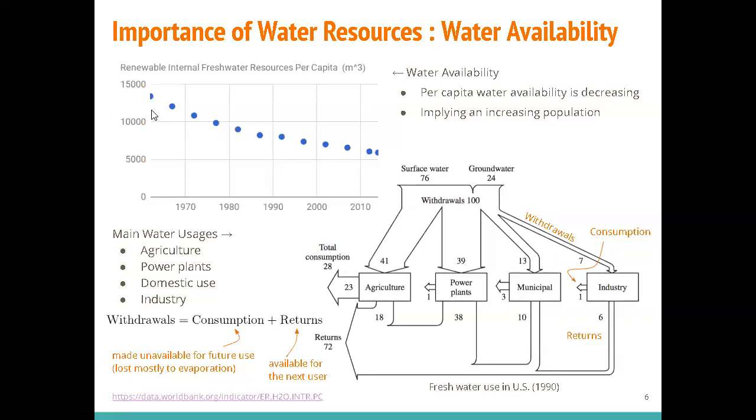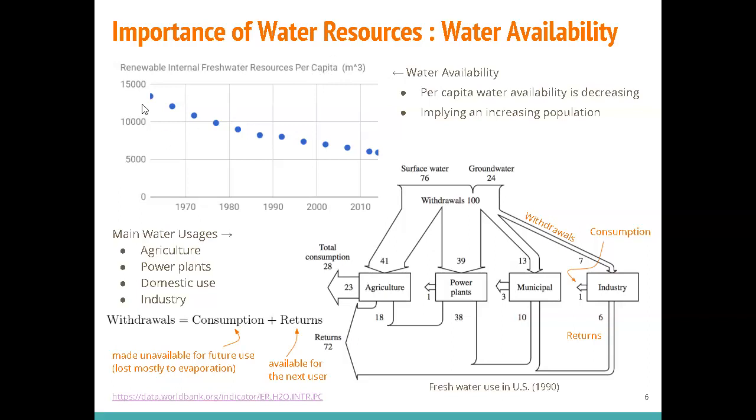So you think that, okay, if you open the tap, the water is here, right? But it's not the case, because we have more and more people in the world. Per capita, per person, the access to water would be less and less.